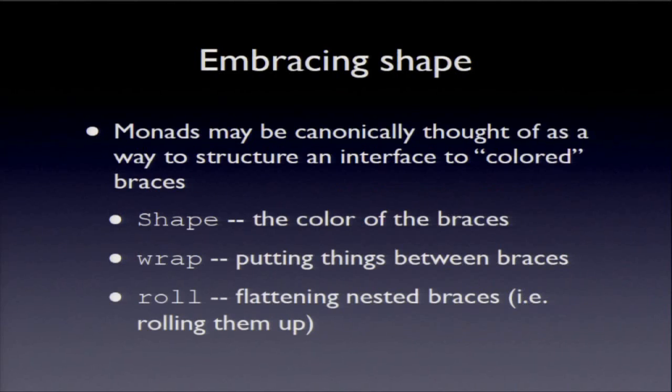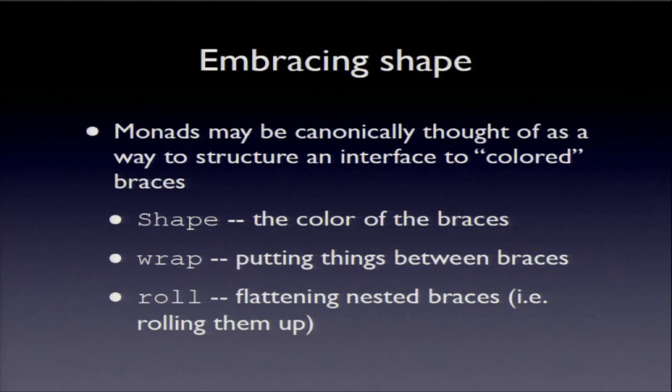It turns out that we can embrace shape in a canonical way. There's one idea underlying all of this, and it's really familiar to most web programmers. You think of monads as colored braces.